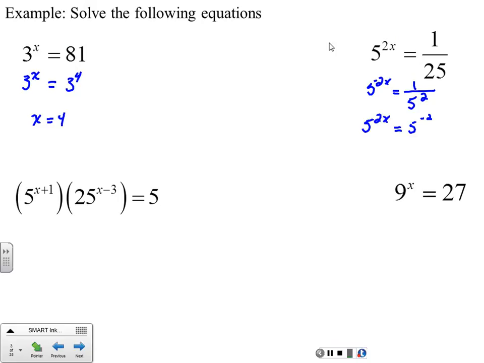So now, look, I have my bases that are the same. I have base 5 on both sides, so that's good. So the next step is simplify. There is none. But you're going to take your exponents and set them equal to each other.